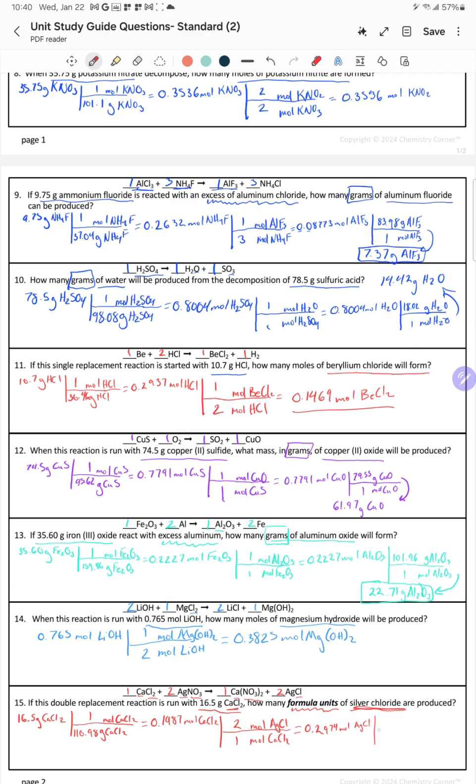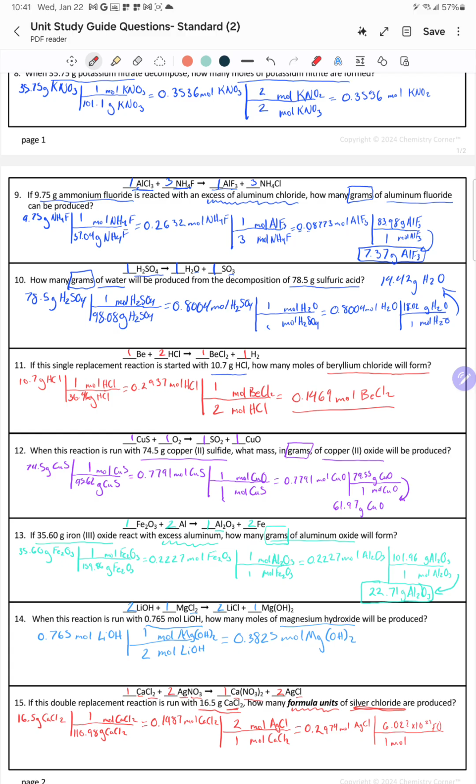And now I have to convert this into formula units, which is our Avogadro's number. So we have to get to formula units. We know every single mole, no matter what it is, has 6.022 times 10 to the 23rd particles, which in this case is formula units.